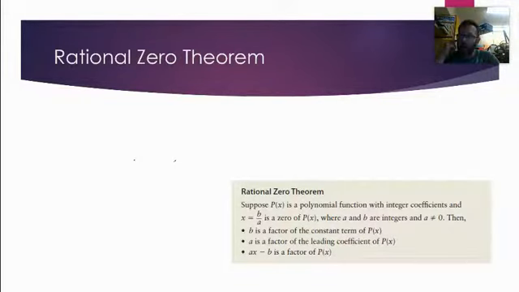The numerator of that rational zero has to be a factor of the constant term. The denominator of that zero has to be a factor of the leading coefficient, and you know that ax minus b is a factor of that polynomial from the factor theorem.